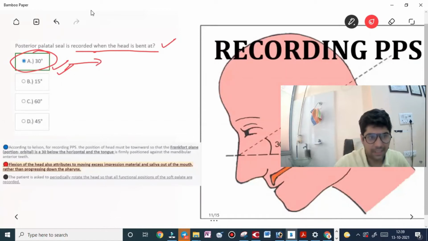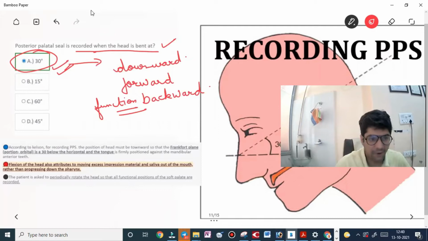At this degree, the head is at maximum downward and forward position.